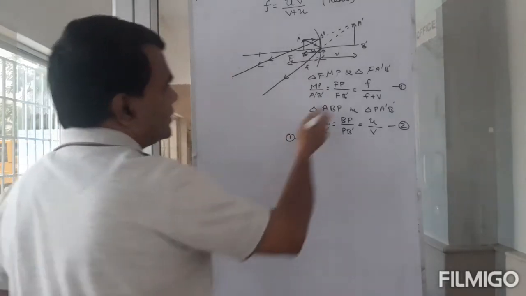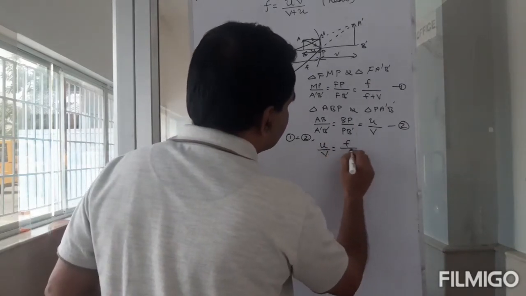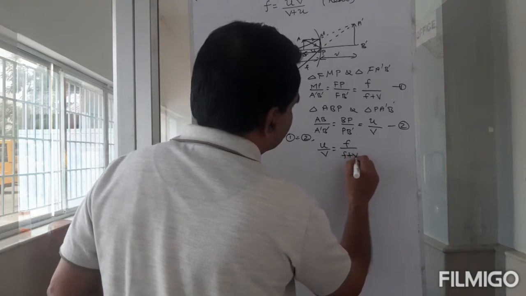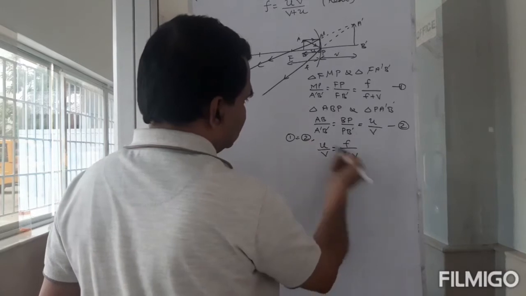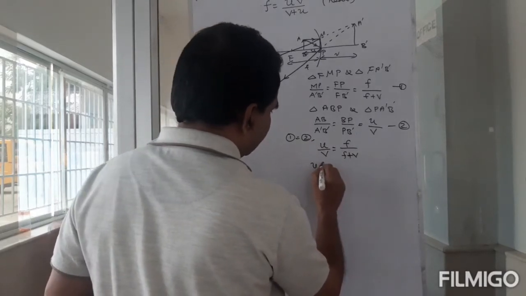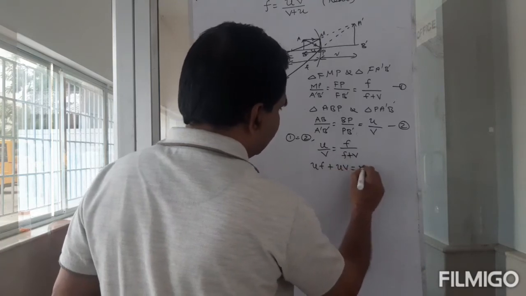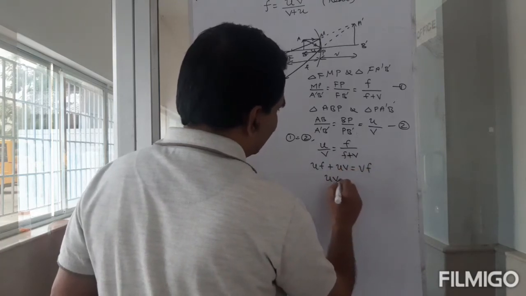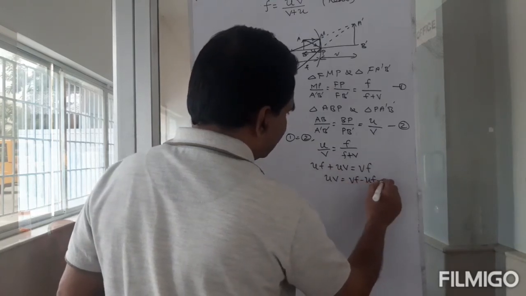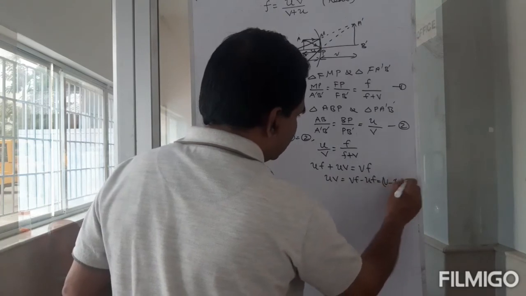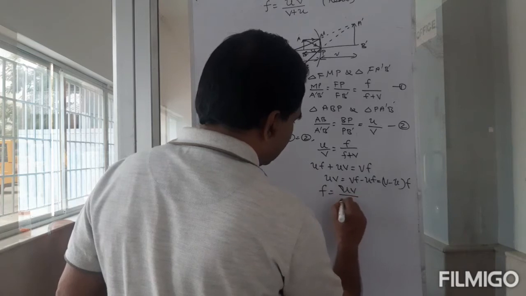So this gives you U by V is equal to F by F plus V. Take these things here, then what you get is UF plus UV equals VF, and UV now is equal to VF minus UF, that is V minus U times F. So your F now is going to be equal to UV by V minus U.